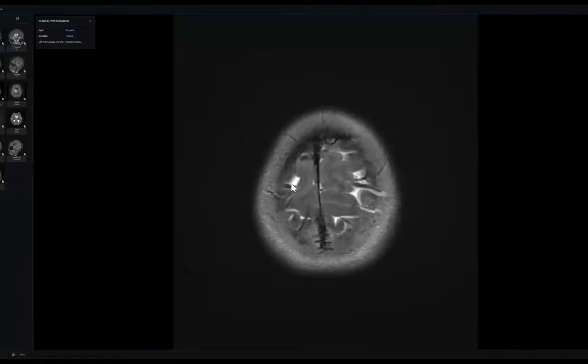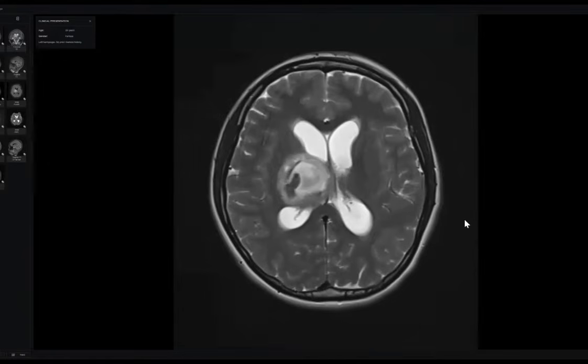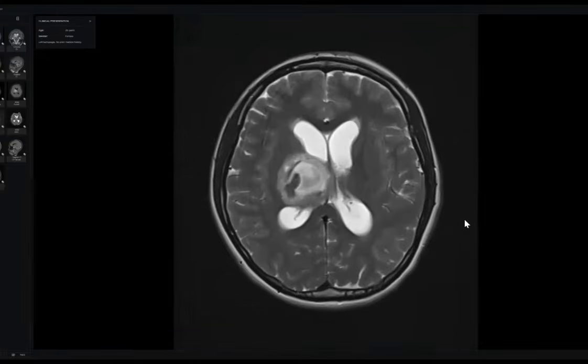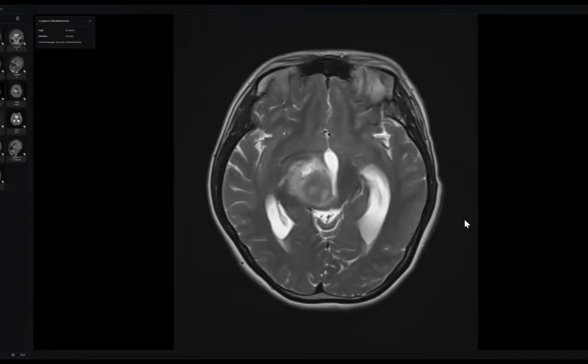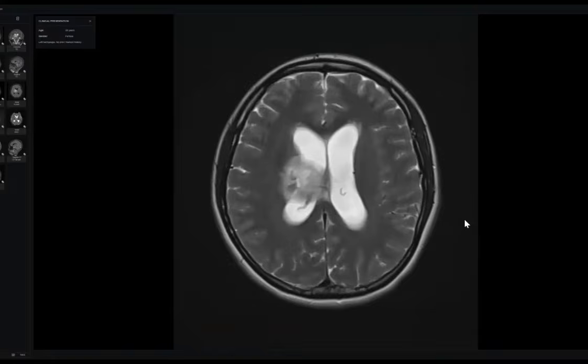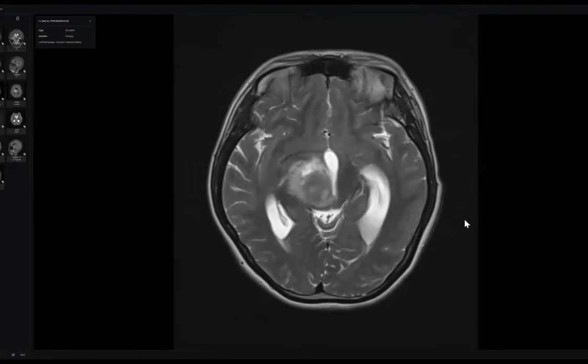Okay. So this is an MRI axial cut of the brain. I would like to see T2. Okay. T2 MRI brain confirms the lesion that we saw earlier. We can see that the lesion is hyperintense centrally with some areas of hypointensity as well. It is causing mass effect on the ventricle.